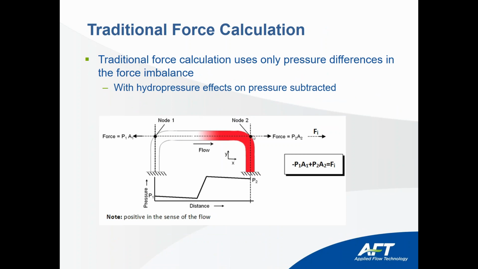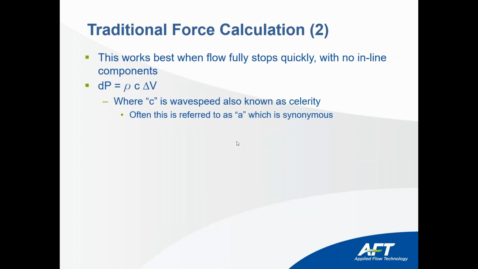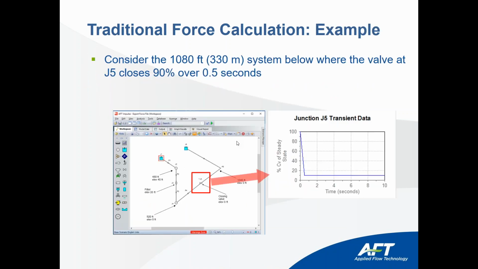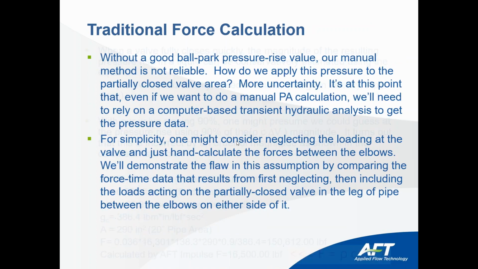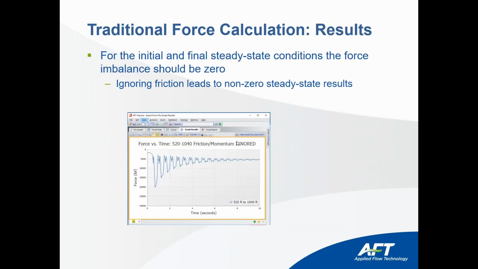When it comes here is when it starts seeing it, so it starts rising in the elbow. So initially it should be zero. If we don't consider the forces and the friction and the momentum, the resultant forces that we will get will not be zero.